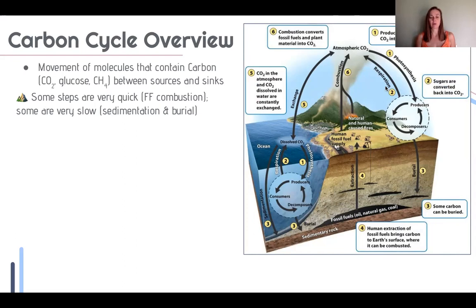Generally speaking, more carbon is converted into sugars in the process of photosynthesis than is released in the process of respiration. Now, decomposers also come into the carbon cycle here.